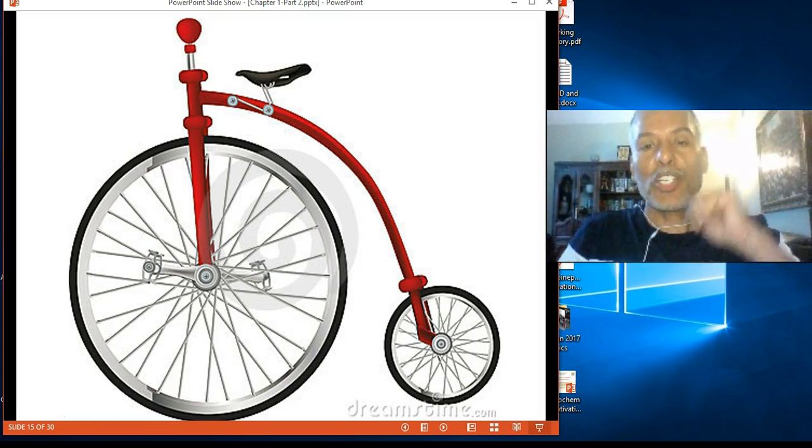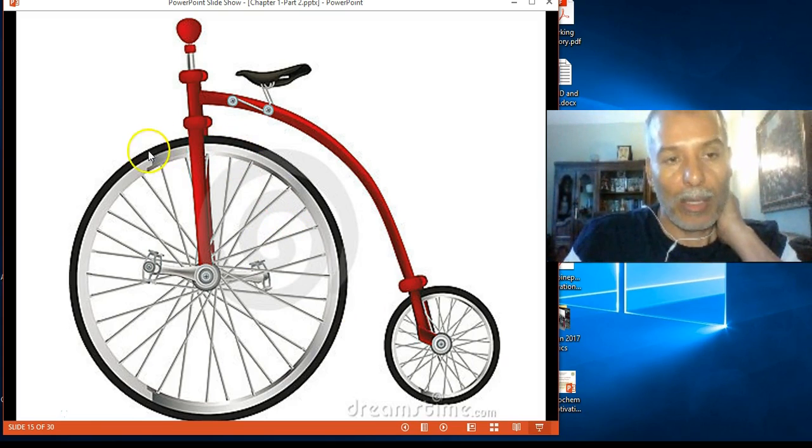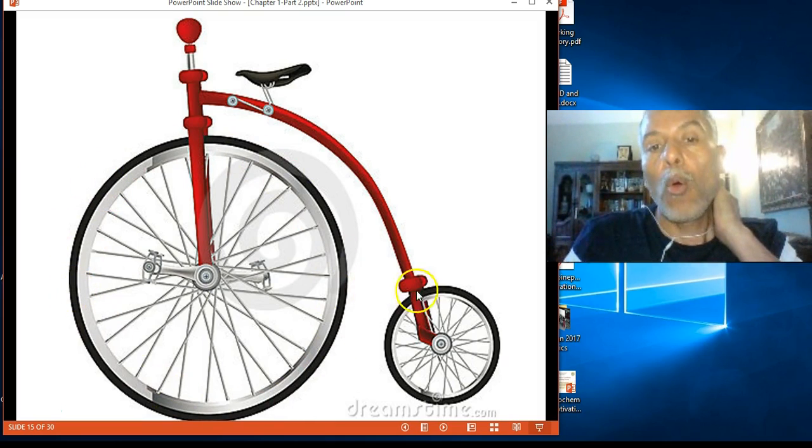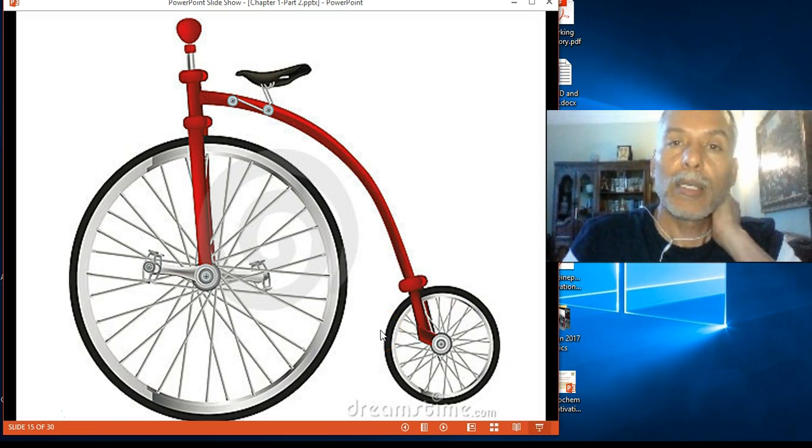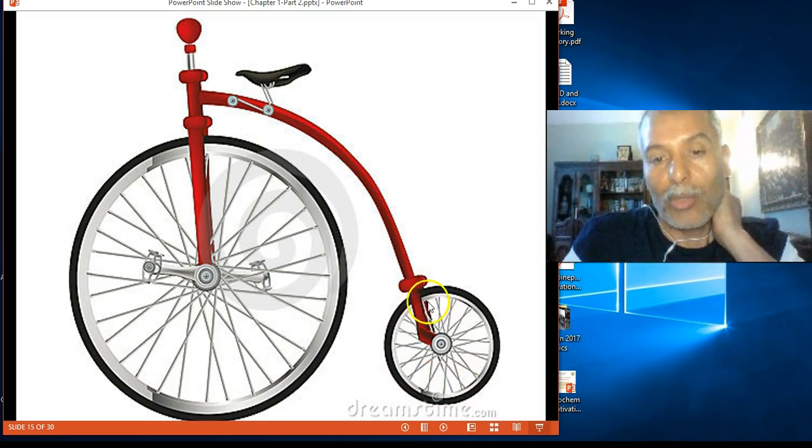So what is your prediction? Will the bigger wheel make more rounds, or the smaller wheel in that single minute? So you obviously got it right. The smaller wheel is going to make more rounds in a single minute.